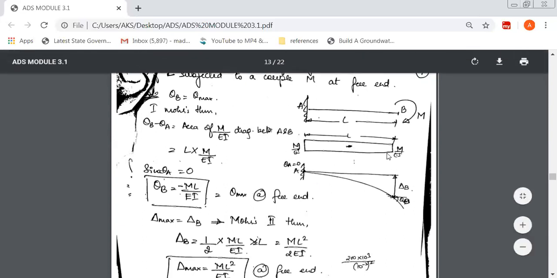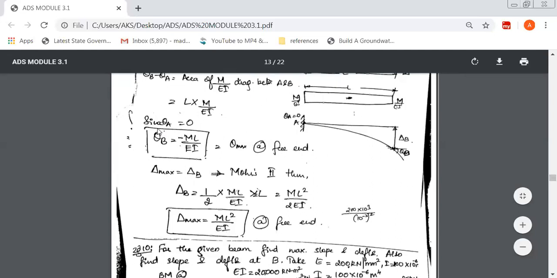Next, we have to find theta B. To find theta B, apply Mohr's first theorem. So theta B minus theta A is equal to the area of the M over EI diagram between B and A. It's a rectangle, area of rectangle is length into breadth, so L into M over EI.